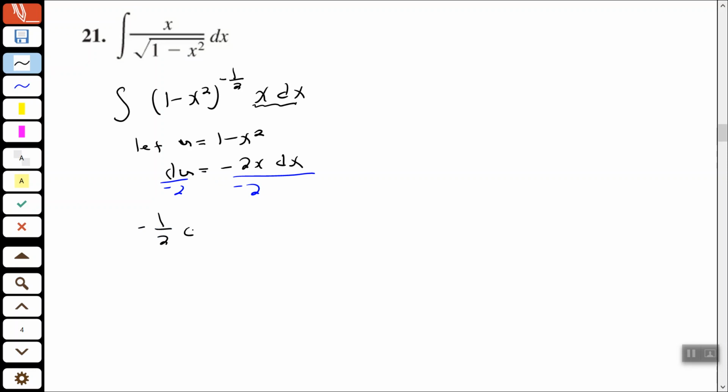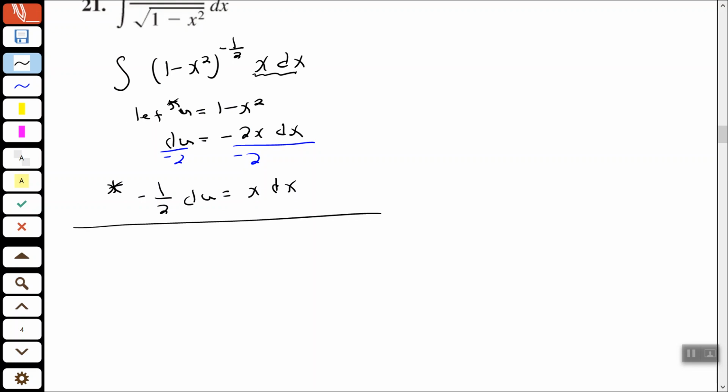So negative 1/2 of du equals x dx. Okay, so now I can rewrite this in terms of u, replacing the 1 minus x squared and the x dx. So that's u to the negative 1/2, and then x dx this time is equal to negative 1/2 of du.